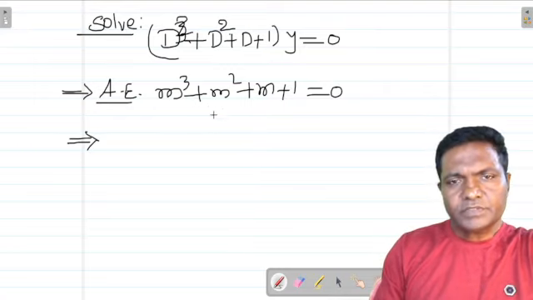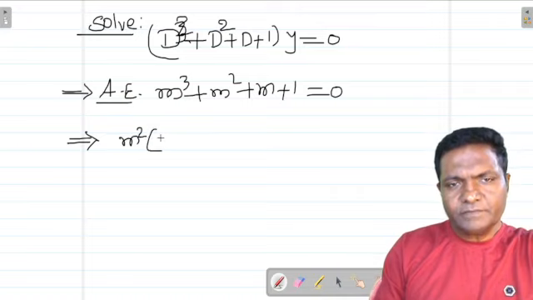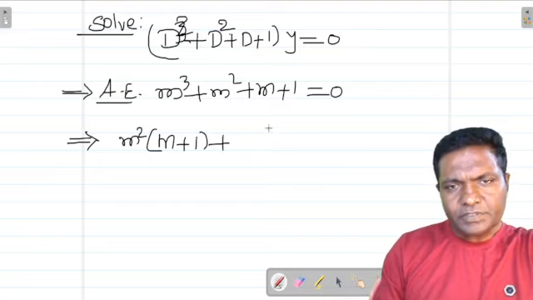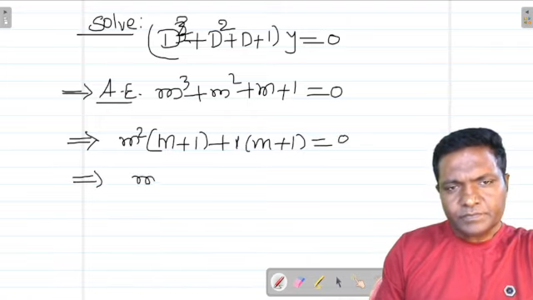This you can factorize. Taking m square common, m plus 1, and from the next two, take 1 common, m plus 1, equal to 0. So taking m plus 1 common, it is m square plus 1.